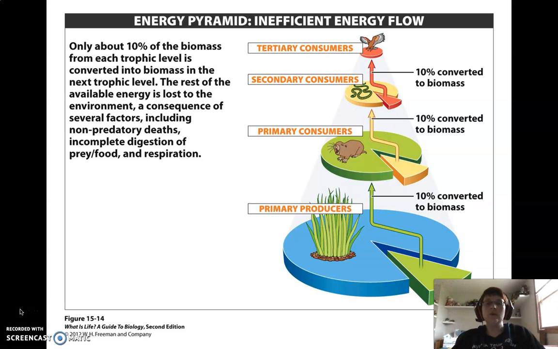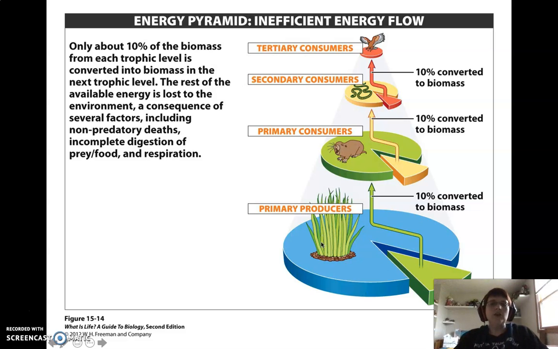This is the fourth lecture from chapter 17, and I ended the last lecture talking about the energy pyramid, where we have this inefficient transfer of energy from one level to the next in a food chain. And what I wanted to pick up with was just looking at this again and looking at a problem related to this.